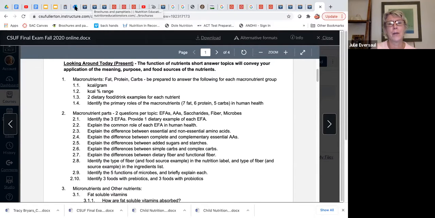What is the difference between essential and non-essential amino acids? Who wants to say that in just one succinct statement? Okay, how about 2.4, the difference between complete and complementary essential amino acids? Anyone want to try that one?